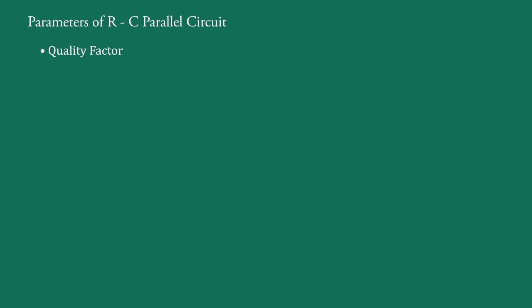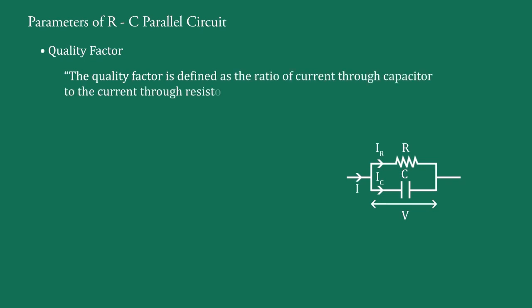Now quality factor Q. In parallel connection of R and C, voltage across R and C are same. Therefore quality factor for parallel RC circuit is defined using currents. Thus quality factor is defined as the ratio of current through capacitor to the current through resistor. That is Q equal to IC upon IR.